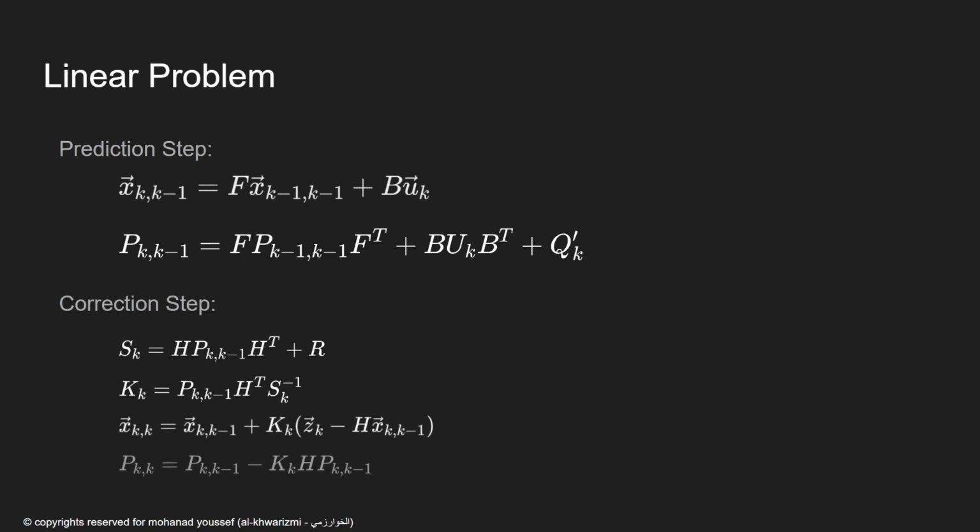And at the end here we have the H matrix, that's the one that maps the measurement space vector.